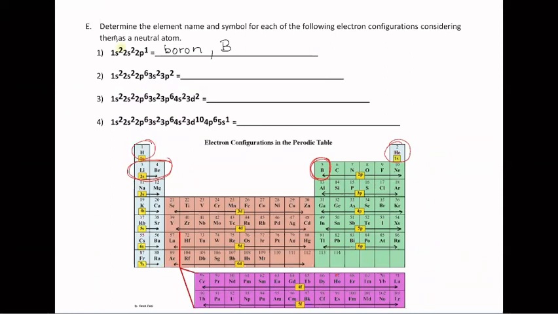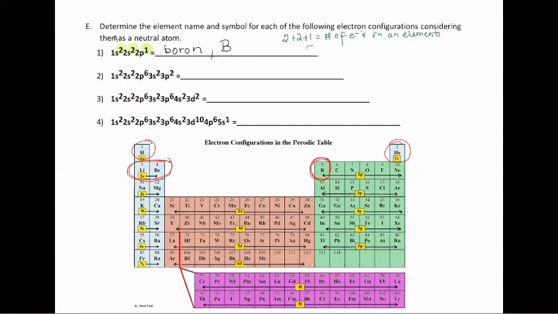You're going to take 2 plus 2 plus 1. When you do 2 plus 2 plus 1, that's going to be the number of electrons in an element.